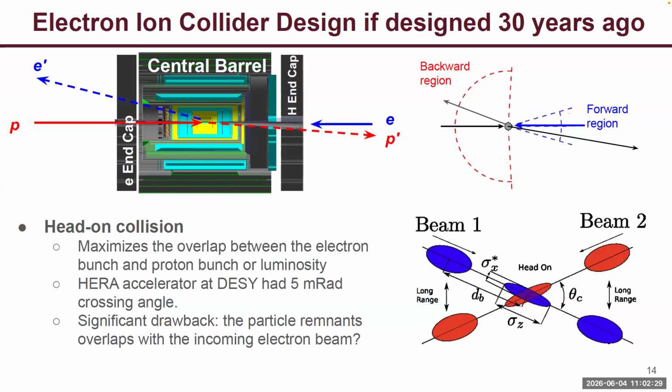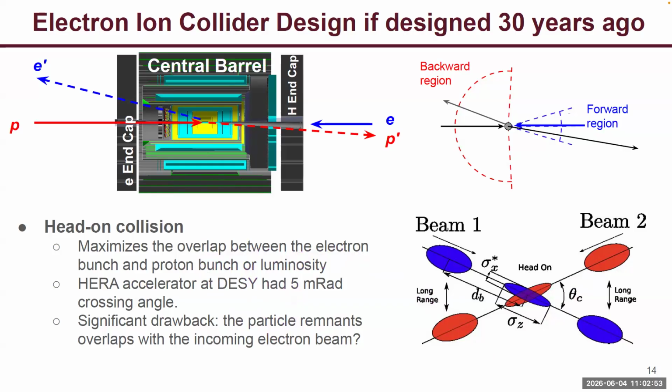Good idea. So that's how HERA designed their electron-proton collision interaction point about 30, 40 years ago. They had about 5 milliradian of bunch crossing. Of course, there's nothing like absolute, right? I mean, how do you make two beams completely head on?